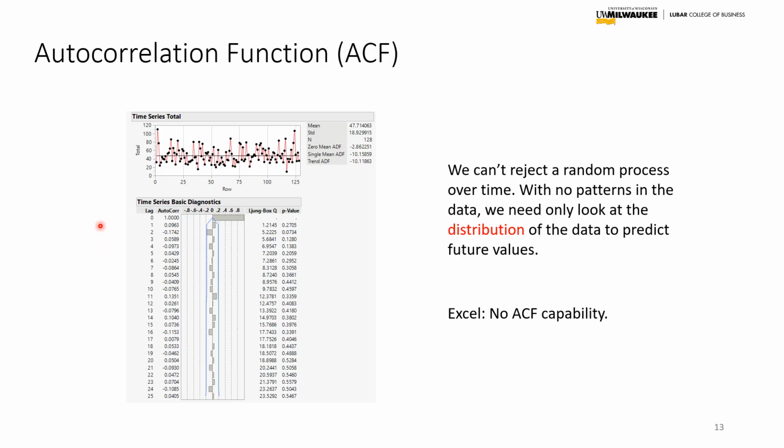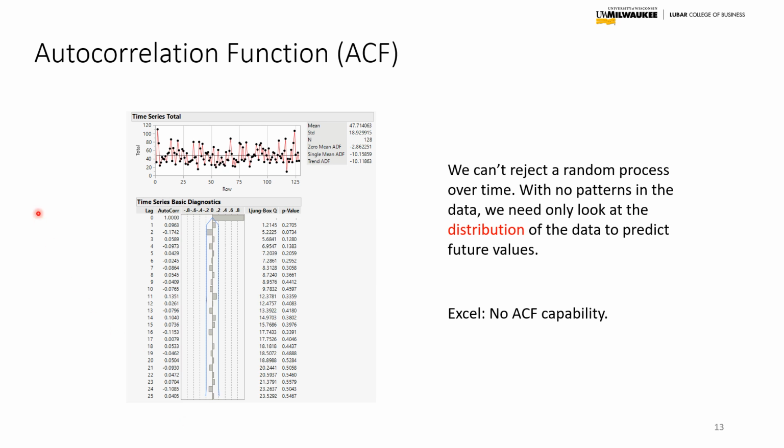The ACF starts with lag 0, which we can skip over because the correlation between snow total and itself is obviously 1. Below, we find the correlations for lag 1, lag 2, lag 3, and so on. These are referred to as autocorrelations. And we see also a graph of these correlation values that are given on the left edge.